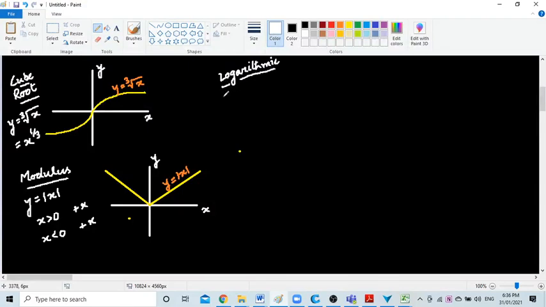So we can say that y equals ln x. But here, what does it mean by ln? This means log base e x.